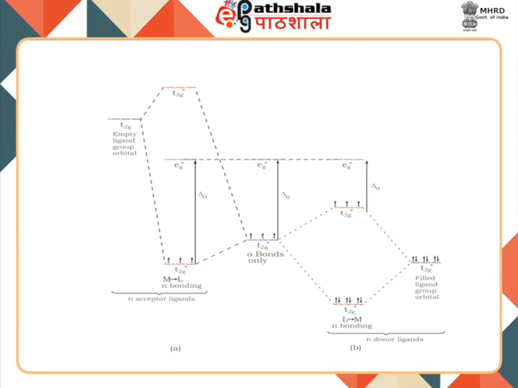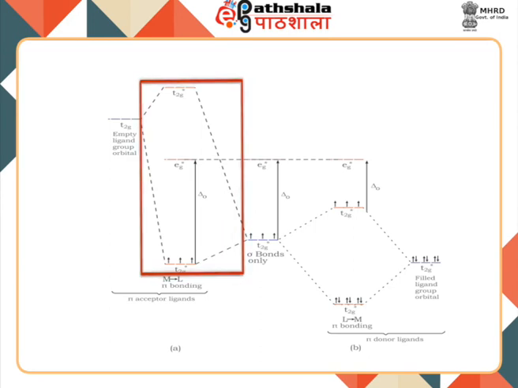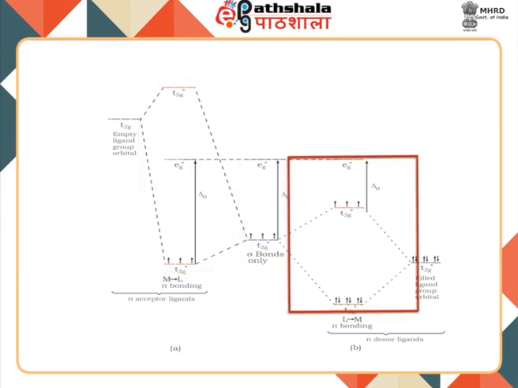All this has been depicted in the molecular orbital energy diagram for complexes with pi donor versus pi acceptor ligands. Both of them have been compared. On the left hand side we have pi acceptor ligands and on the right we have pi donor ligands. Now it can be seen how the delta naught value is altered in both cases.